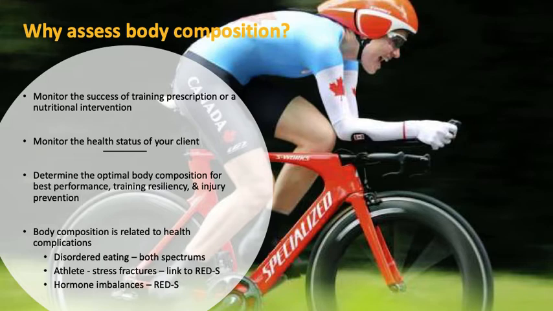Depending on the needs and gap analysis for your client, you can use assessing body composition as a means to gauge their training adaptation. As well, if you put an individual on a specific nutritional intervention, you can monitor the changes in girths, changes in bone and soft tissue, and look at the impact of that nutritional intervention on body composition changes.